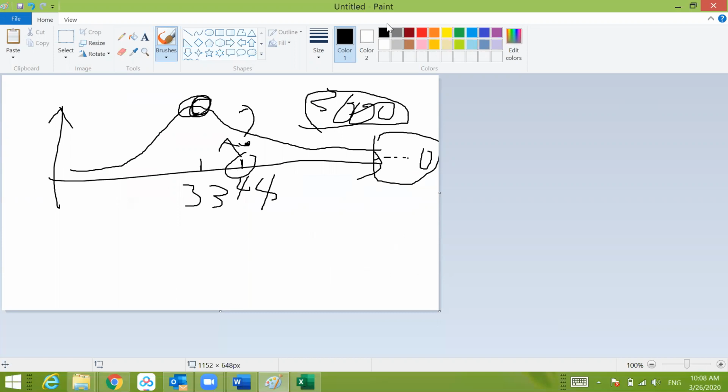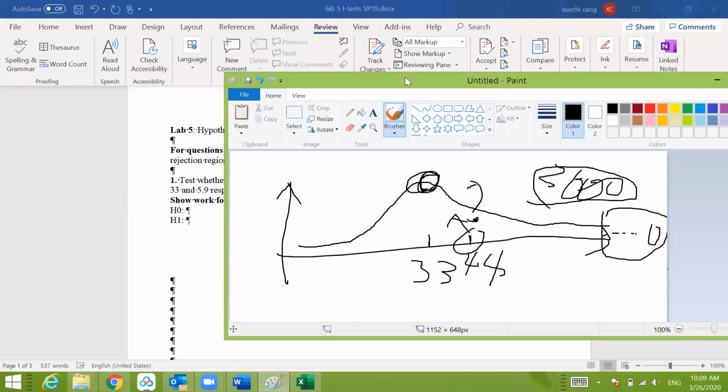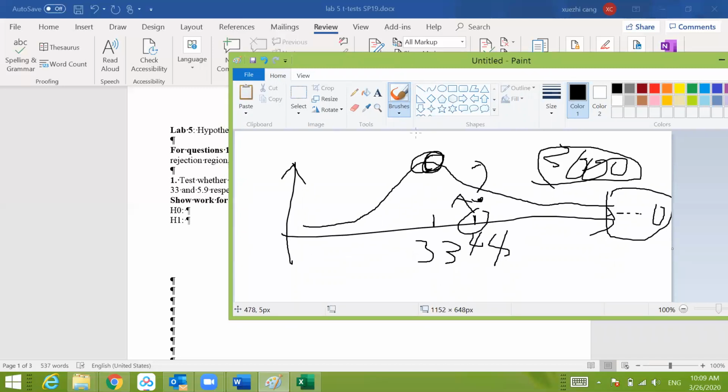Now we go back. Why do we talk about the possibility here? Because we just use the possibility to figure out which one is the null hypothesis and which one is the alternative hypothesis. Normally, for each distribution, the middle part of this distribution represents the null hypothesis.